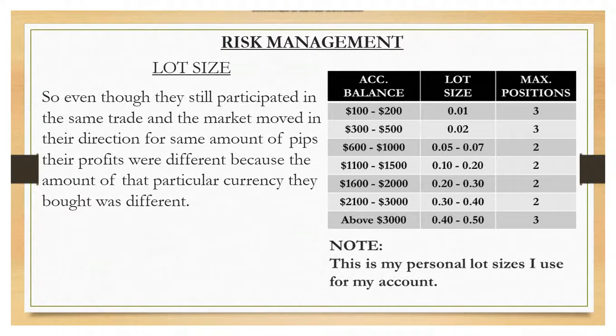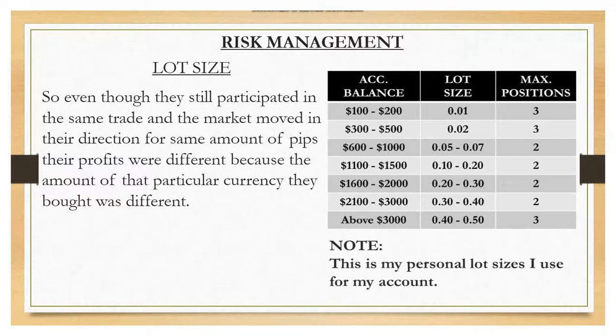On our right hand side on the screen you can see account balance, lot size and maximum positions. Now this is my personal lot size I use for my accounts. I have several accounts, and this is how I trade them.